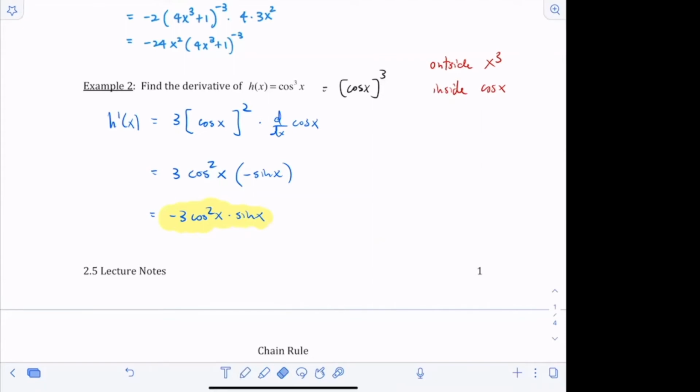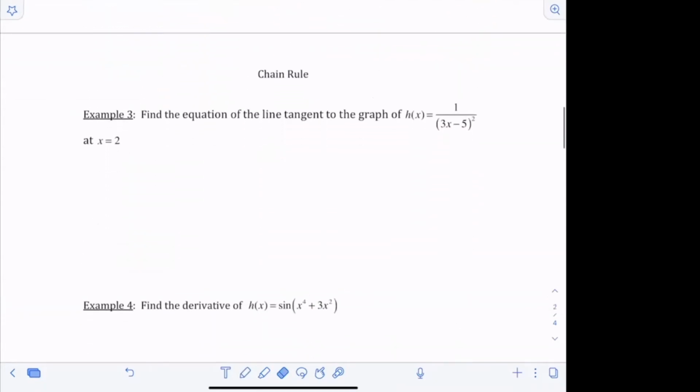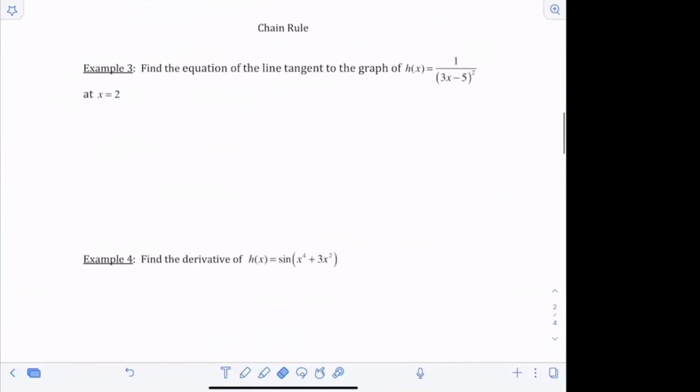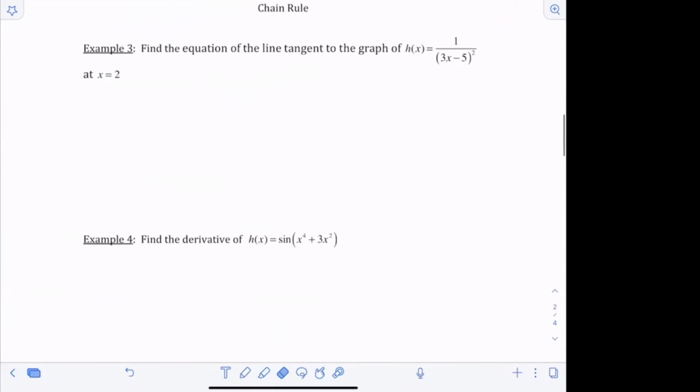All right, let's take a look at another example here. We want to find the equation of the tangent line to this graph right here, and we're at the point x equal to 2. So we know that there are 2 things we need for the equation of a tangent line.